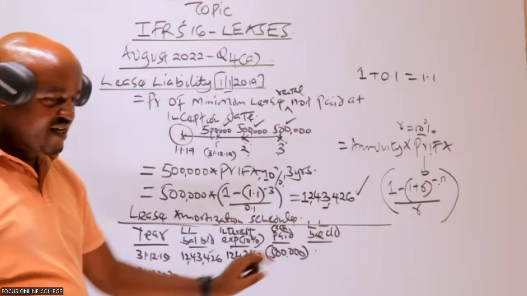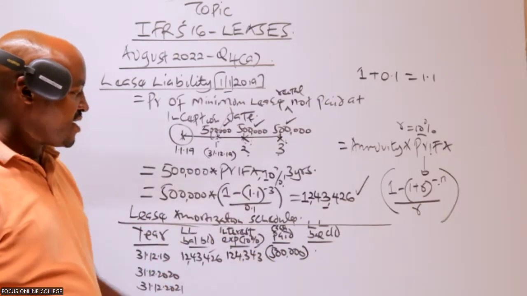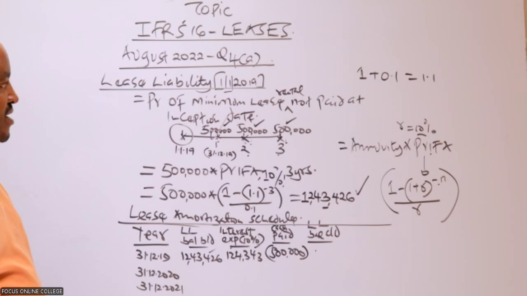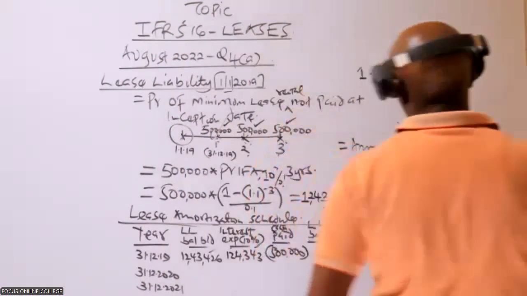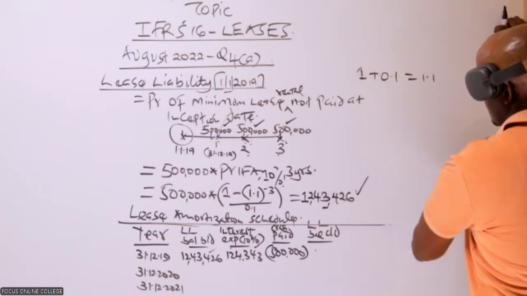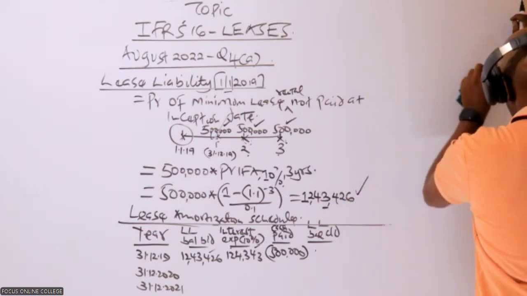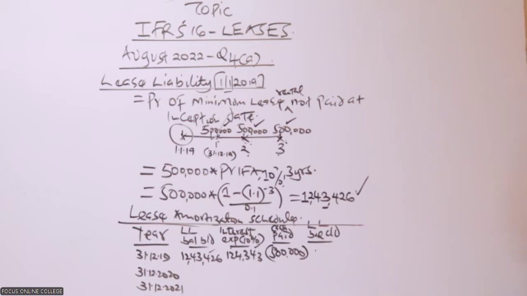The lease liability at the end equals the lease liability at the start plus the interest charge, minus the cash paid during that year.